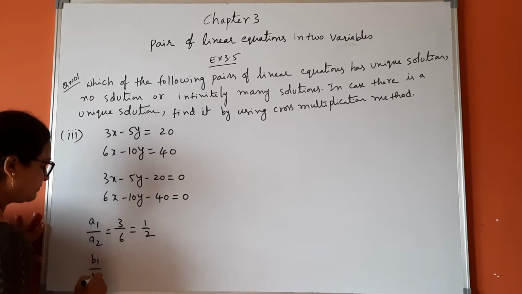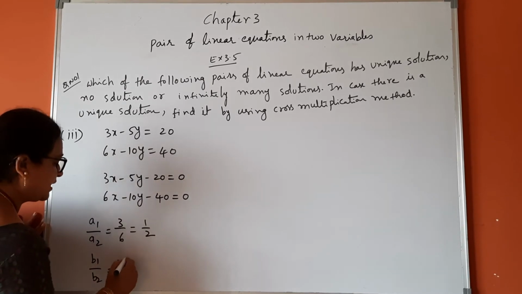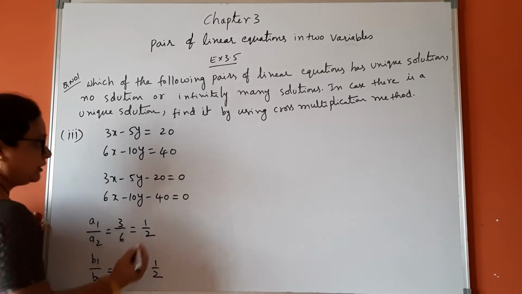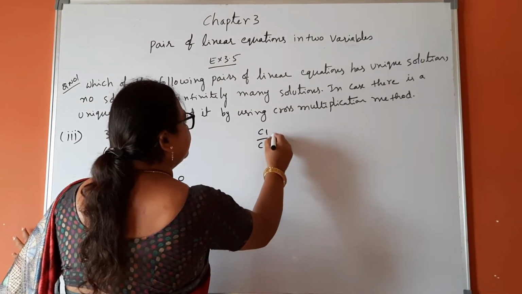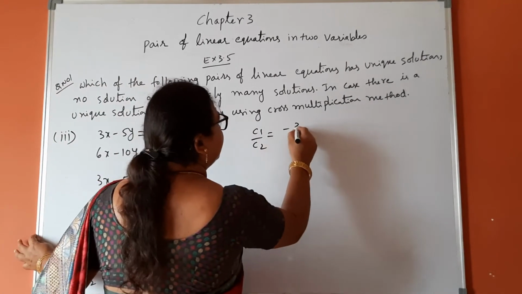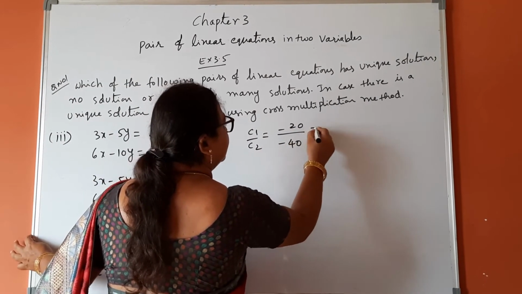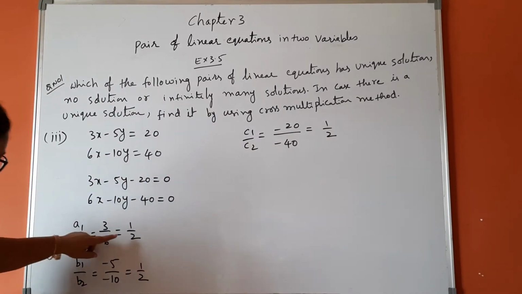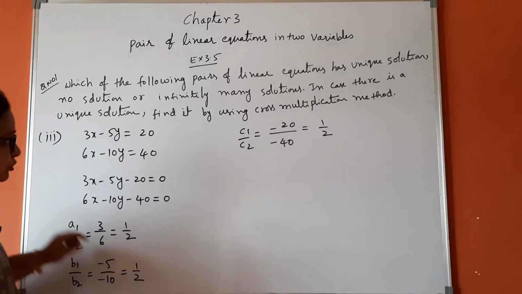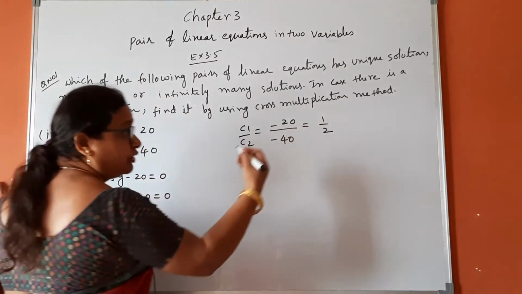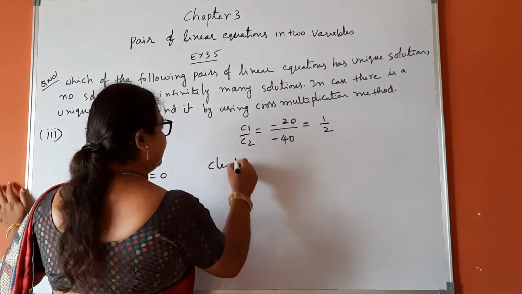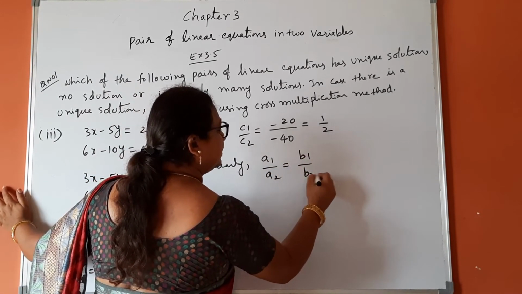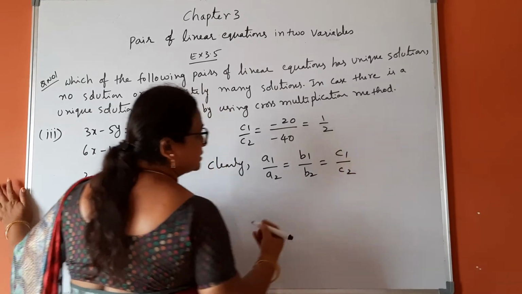Then b1 by b2 is equal to minus 5 by minus 10, that is equal to 1 by 2, and c1 by c2 is equal to minus 20 by minus 40, which is equal to 1 by 2. So clearly a1 by a2 is equal to b1 by b2 is equal to c1 by c2.